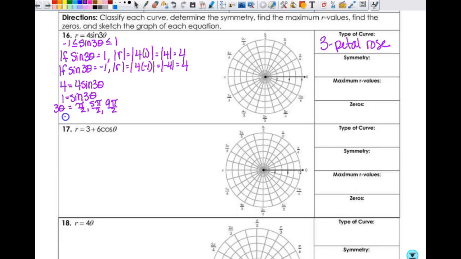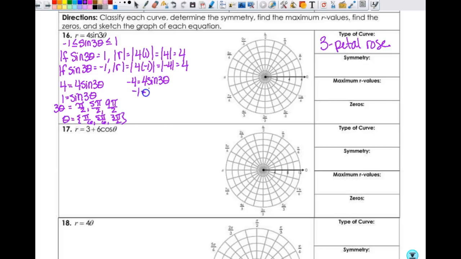So then I divide everything by 3, and I get theta is equal to pi sixths, 5 pi sixths, and 3 pi halves. Then I have to substitute in the -4. So -4 is equal to 4 sine 3 theta.